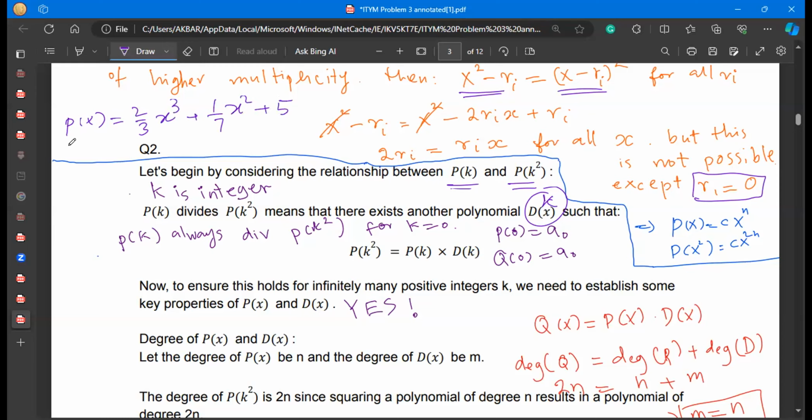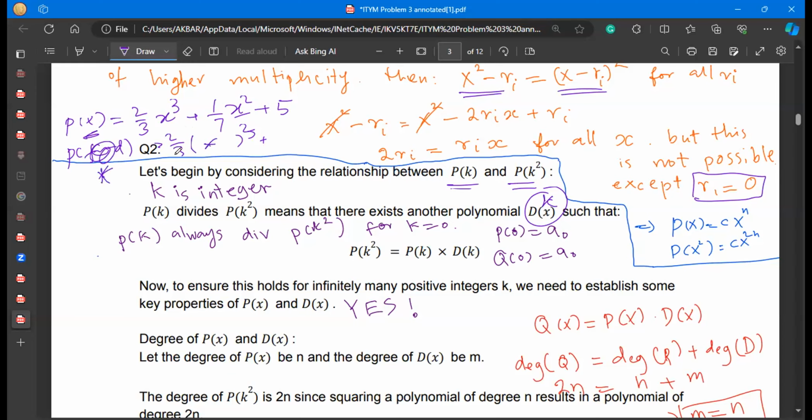I can find a polynomial p of my friend. If I replace x with my friend here, I should get 2/3 of friend to the power 3 plus 1/7 of friend squared. So that is what we call evaluation. If I evaluate this polynomial at my friend, I replace x with it; if it is k, a number, I replace x with k.